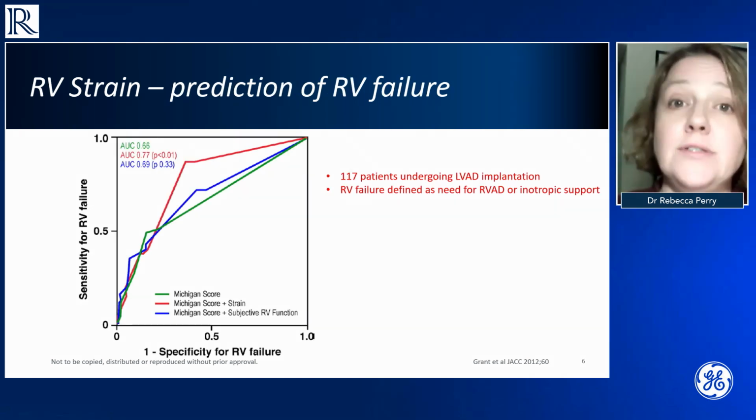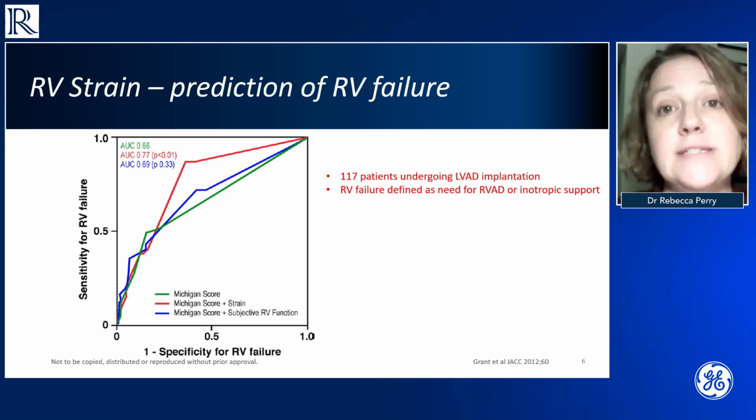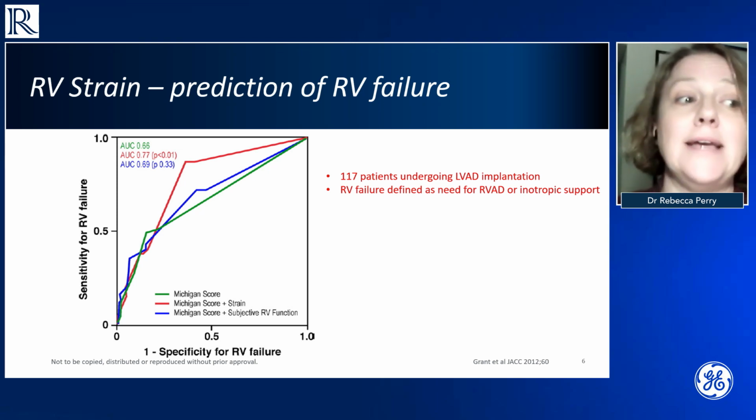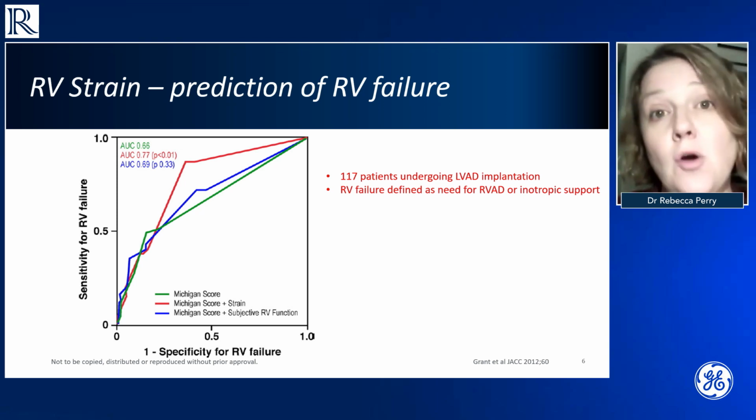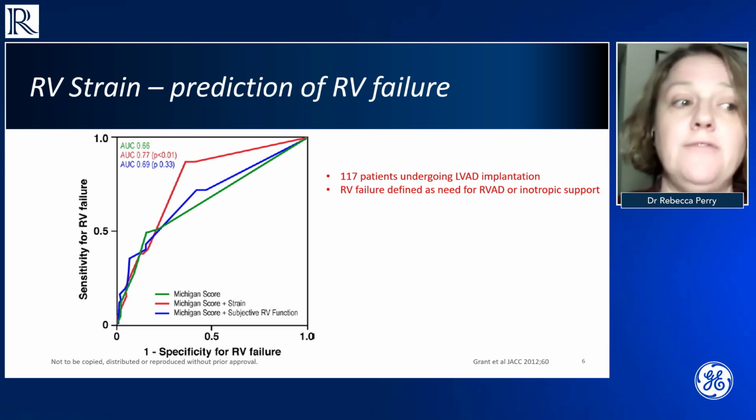Moving on to another study using right ventricular strain in 117 patients undergoing left ventricular assist device implantation. They defined right ventricular failure as the need for right ventricular assist device or inotropic support greater than 14 days post. There were 47 patients, or 40% of the cohort, that actually developed right ventricular failure.